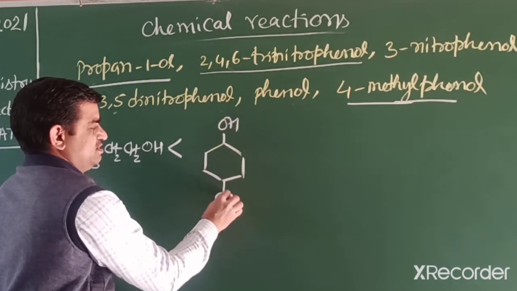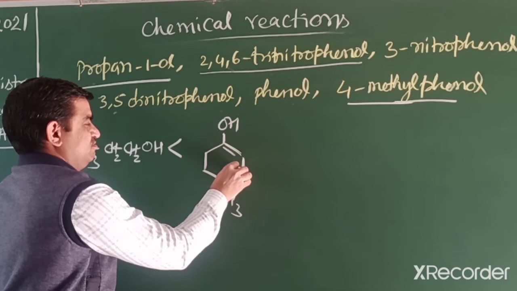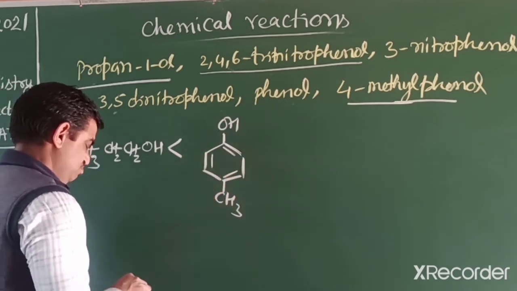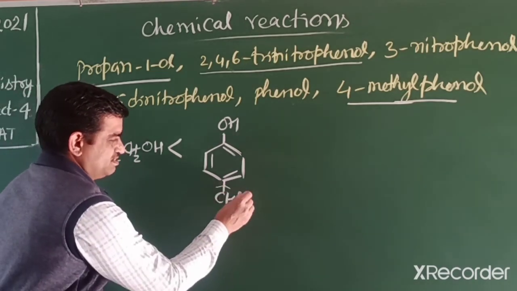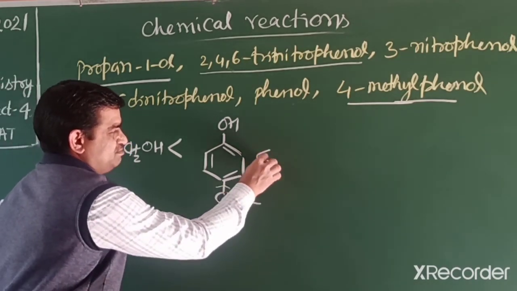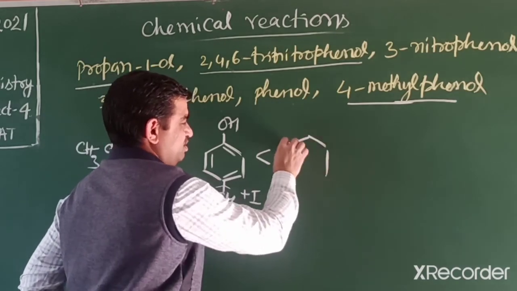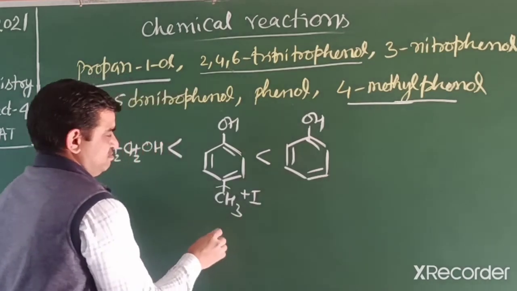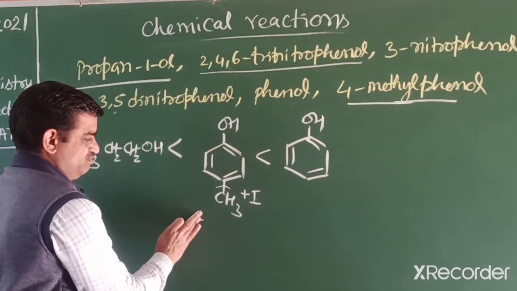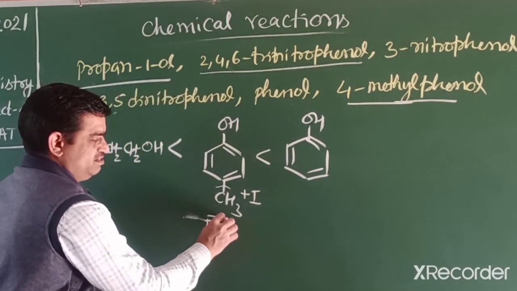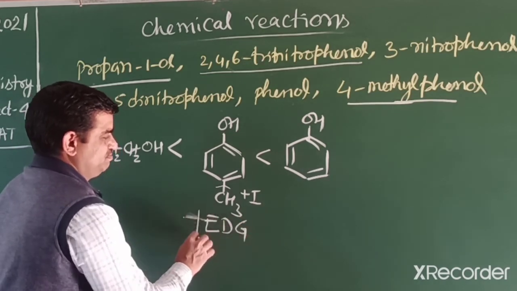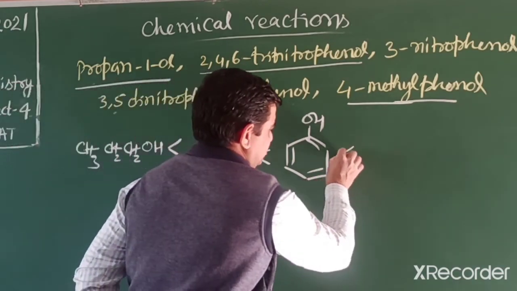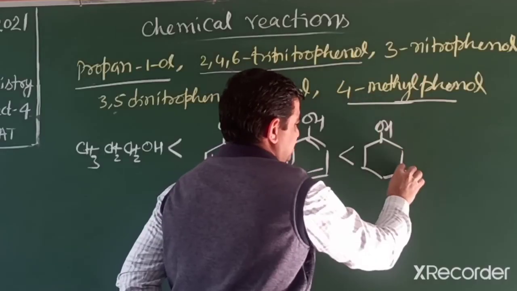4-methylphenol means paracresol, so it is a lesser acid. Why? Due to the releasing plus I effect. After that, phenol, with no releasing group. The plus I causes repulsion; the methyl group is an electron donating group. After that, we write 3-nitrophenol.